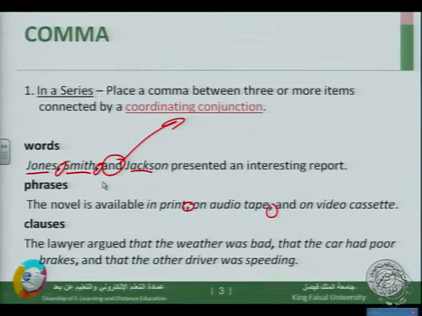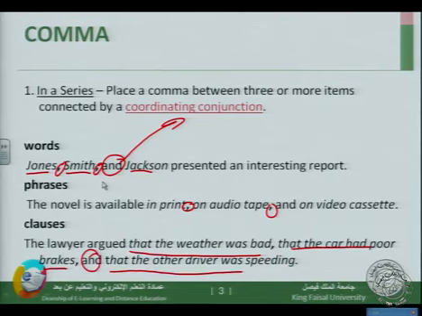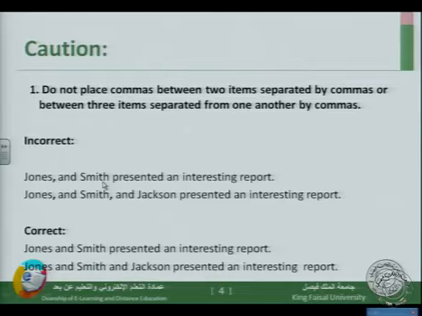Notice, the lawyer argued that the weather was bad, that the car had poor brakes, and that the other driver was speeding. We put commas between three or more clauses connected by the conjunction and, or, but, or that, or whatever.